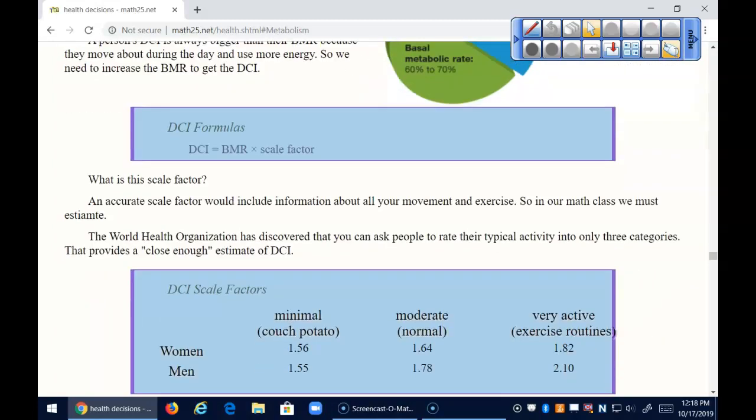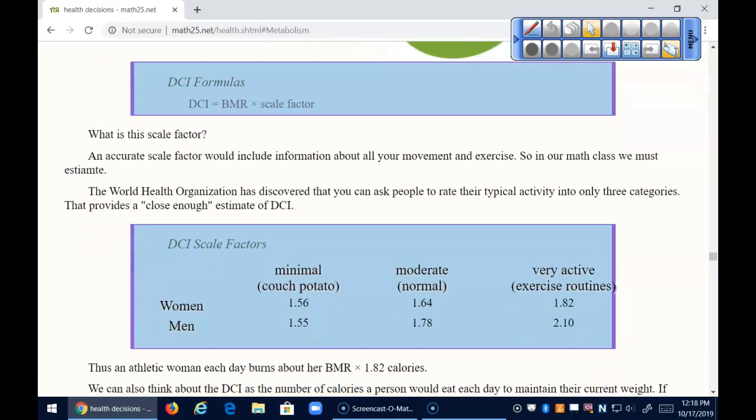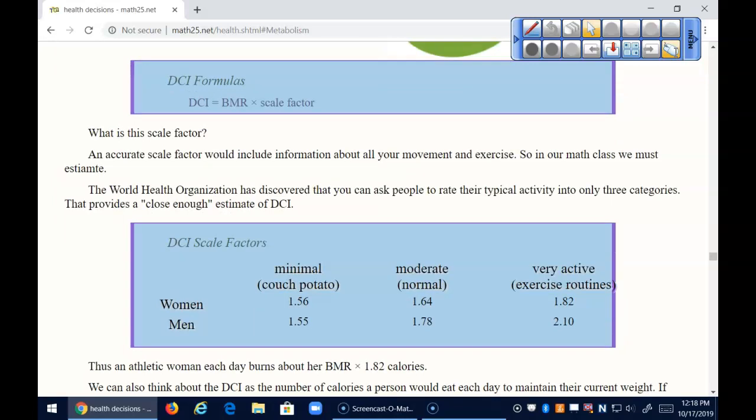So we're going to take the BMR and multiply it by some scale factor. It's going to get bigger. We want it to get bigger so the thing we multiply it by is larger than 1. Only one of these numbers, the very active men, will make it double the size. Everything else is between where it is and double, 1 point something.